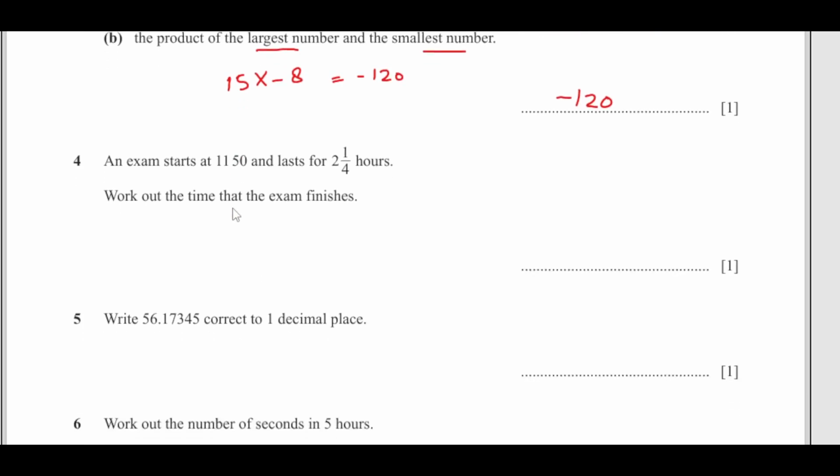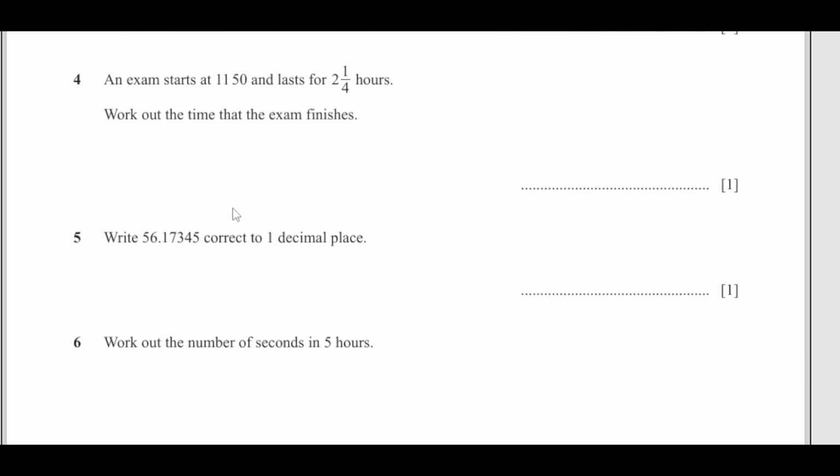Okay, now number 4, an exam starts at 11:50 and lasts for 2 and 1 over 4 hours. So we have 2 hours, plus we have 1 over 4 hour. 1 over 4 hour, if you multiply this by 60, it will become minutes. So that will give us 2 hours and 15 minutes, right?